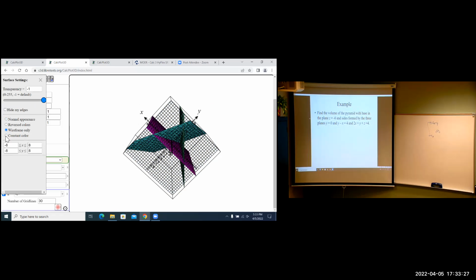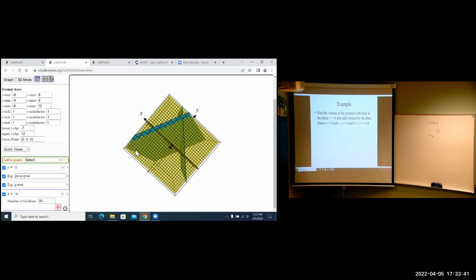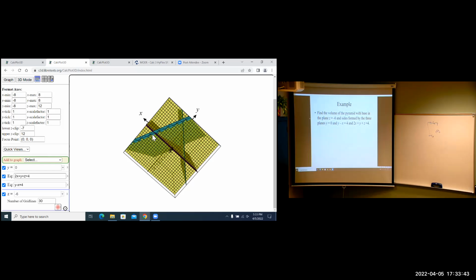Okay, let's keep it this way, but up the transparency. All right, because notice in this case, we got two slanted lines, and then we've got this guy here, which corresponds to y equals 0, right?